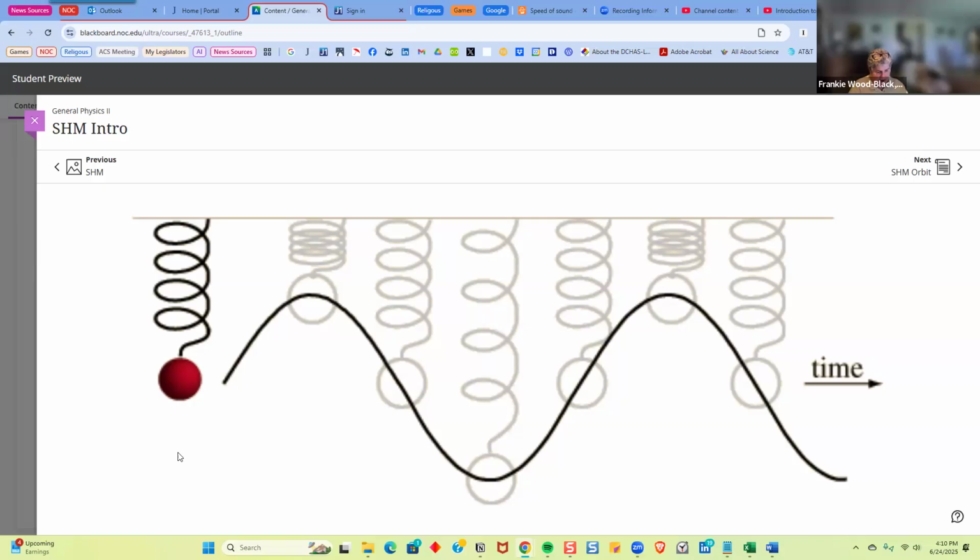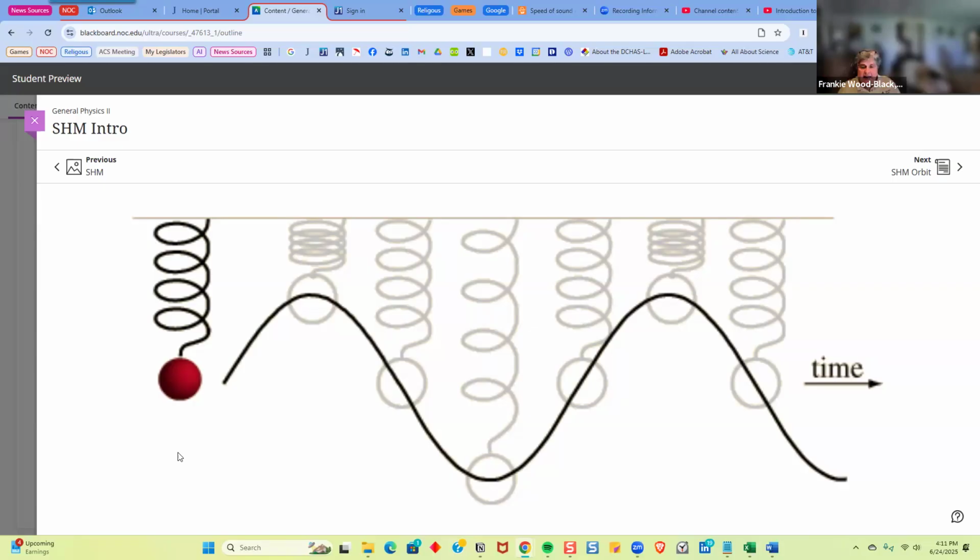I've got a spring here, and I have the IO device that some of you used in Physics 1, and you see that it's just bobbing up and down. That is simple harmonic motion. There's a maximum height that it gets up to, there's a minimum height, and then it bobs up and down. So we have that bobbing up and down, and it's a function of time.